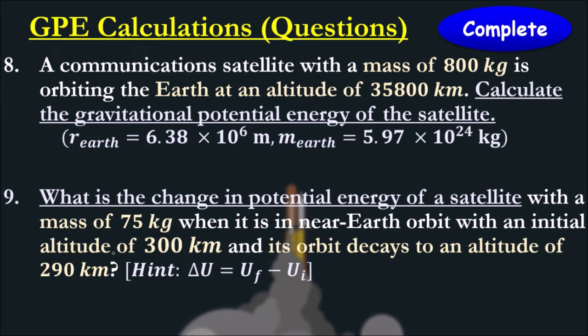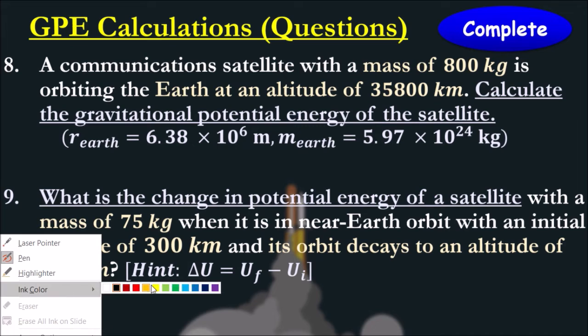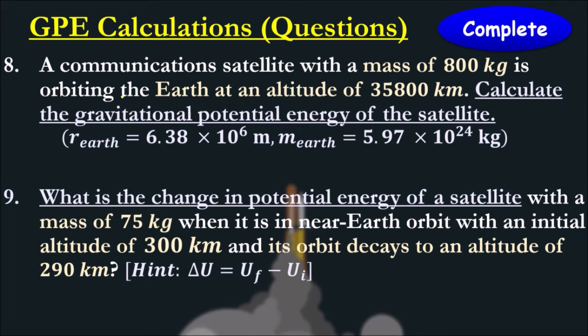So let's have a look at some other questions. Question 8 here is asking us to calculate the gravitational potential of our particular satellite. So negative GM over r.